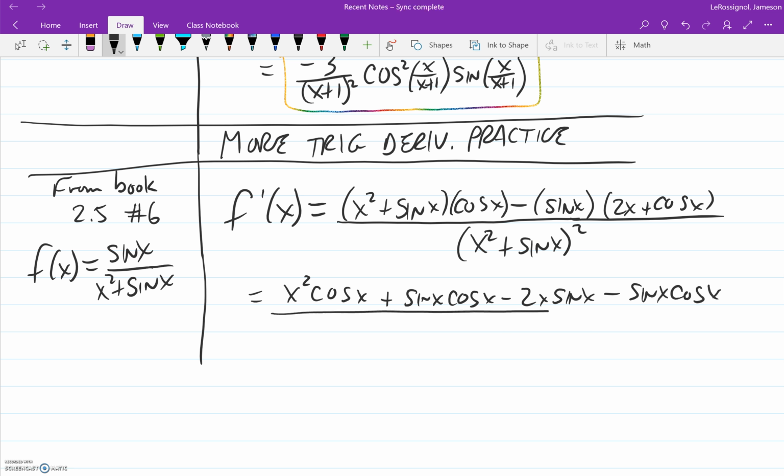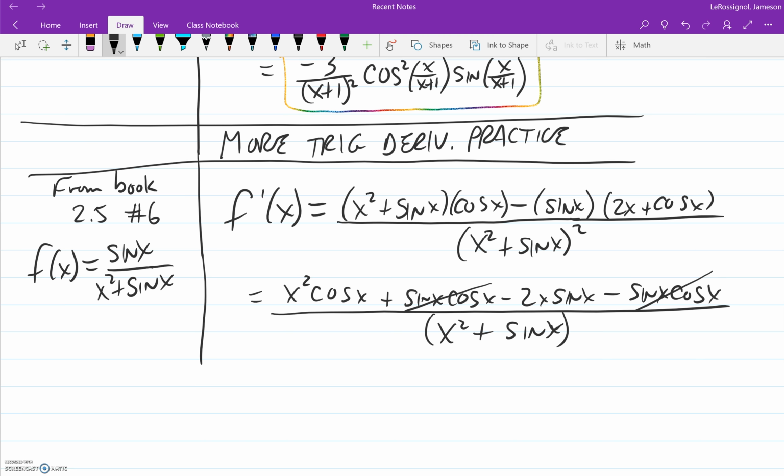And I don't know if you see it, but something sweet just happened. If you could let me know on the count of 3, say I see it. 1, 2, 3. Yeah, me too. I see it. Sine x cosine x minus sine x cosine x. That is sweet. Sometimes that happens. It just kind of fell into our lap.